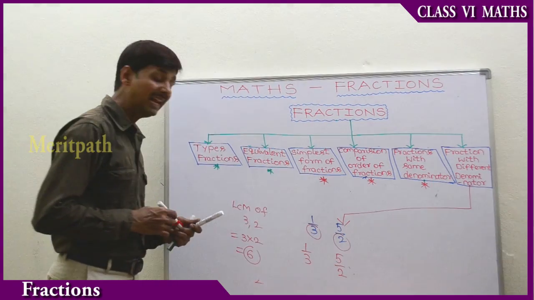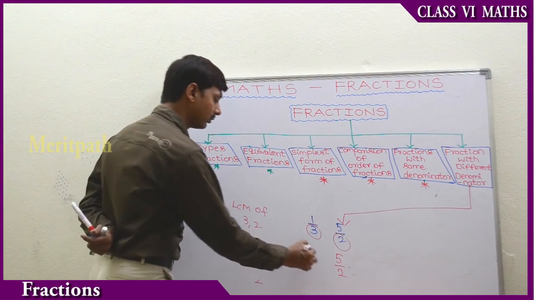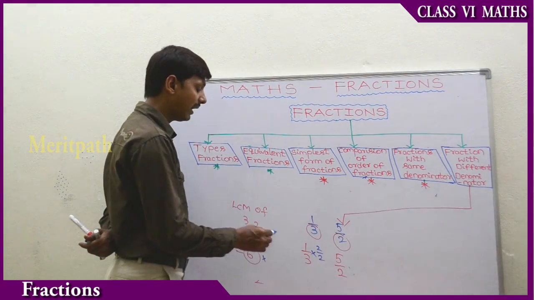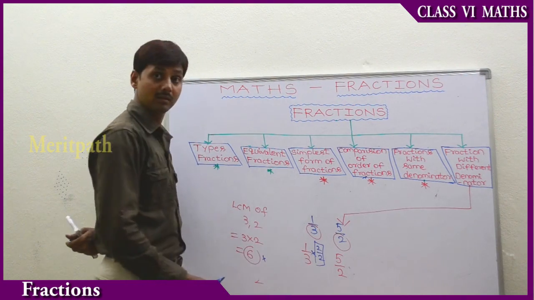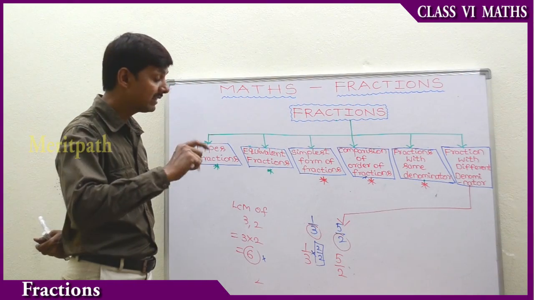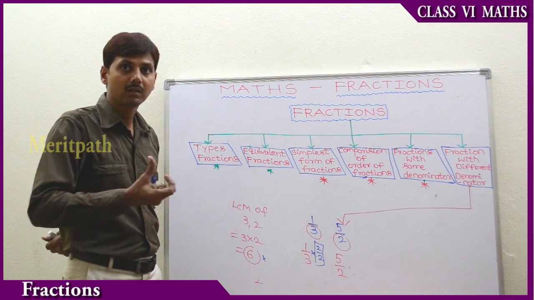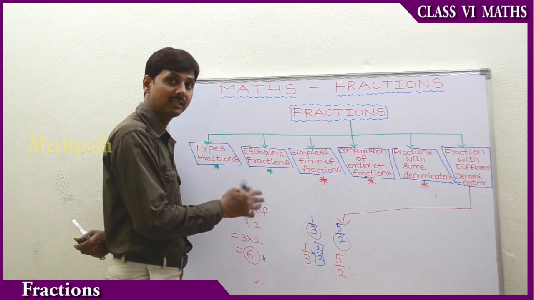The reason for taking the LCM is that it will make the denominators equal. So 6 is a common multiple of 3 and 2.